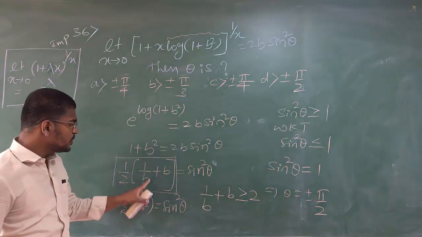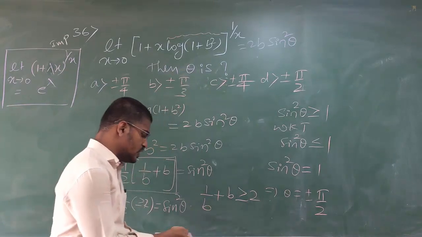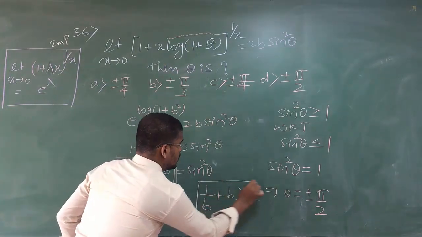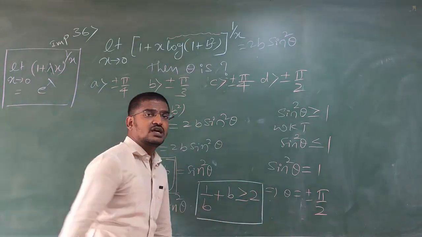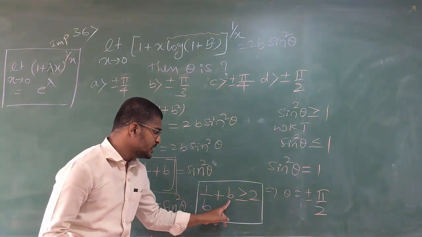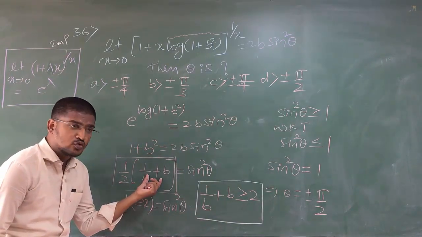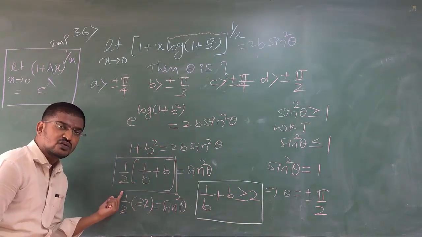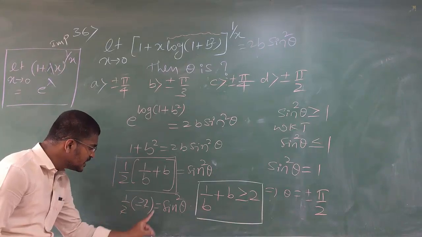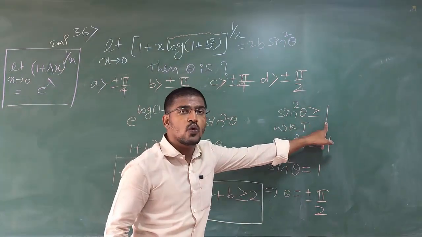In this, 1 by b plus b is always greater than or equal to 2. This is your basic thing. Next, if 1 by b plus b is greater than or equal to 2, this term is greater than or equal to 2 multiplied with 1 by 2, that means this particular term is going to be greater than or equal to how much? 1.